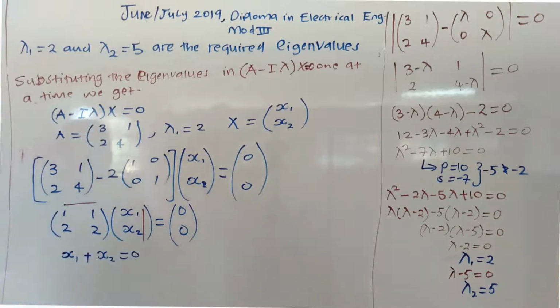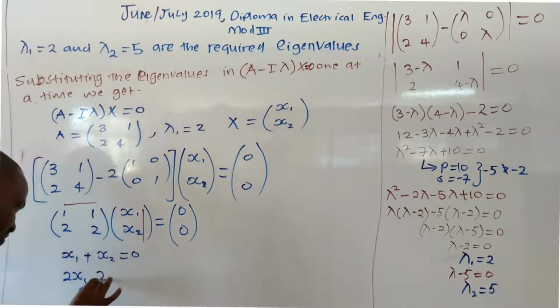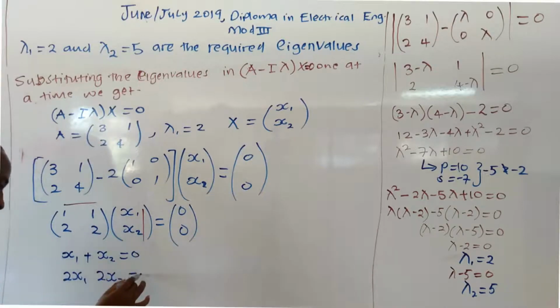That one is equal to 0. Then we have the second row multiplied with the column vector. It is x1 times 2, 2x1, plus x2 times 2, 2x2. On the other side, we are equating with 0.